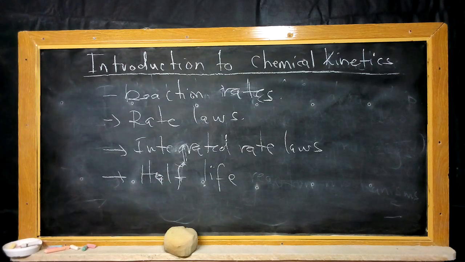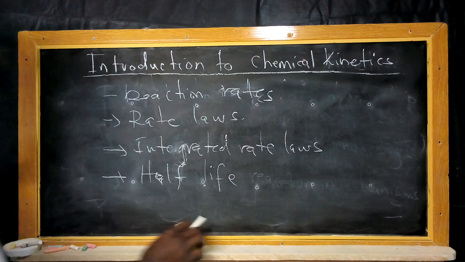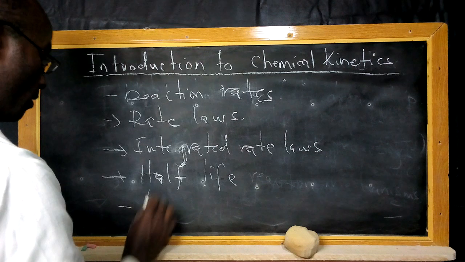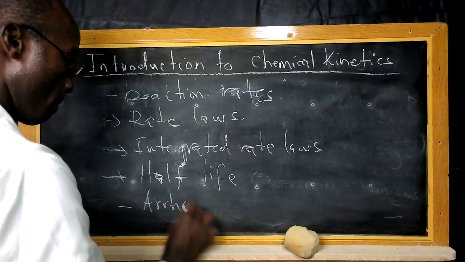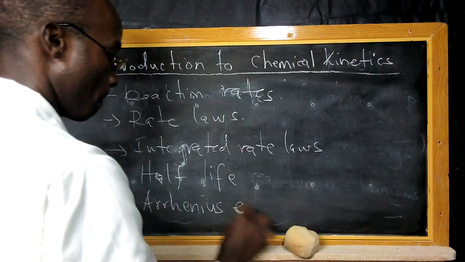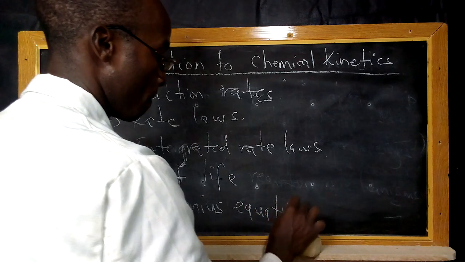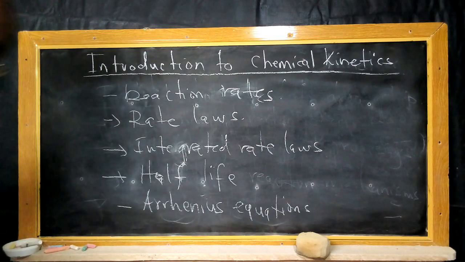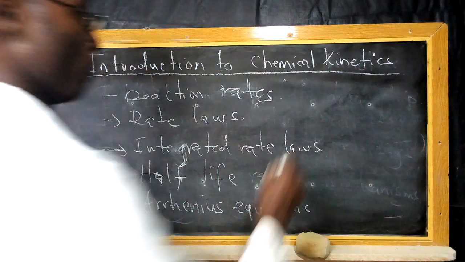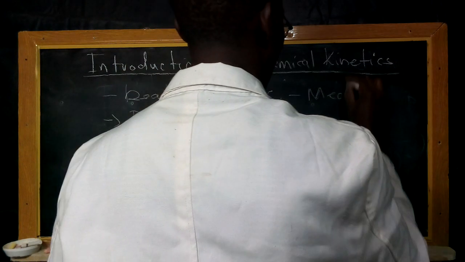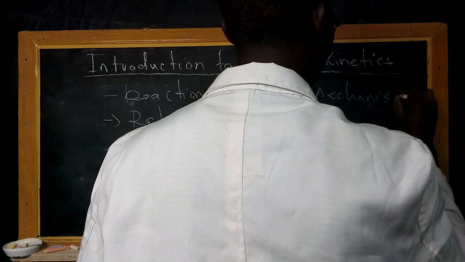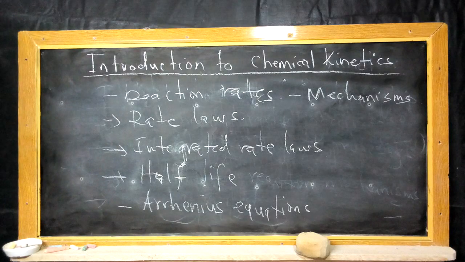So for that case, we shall look at half-life and the Arrhenius equations. And lastly, of course, we have mentioned the reaction mechanisms. So these are some of the aspects which we are going to look at under chemical kinetics as we go by.